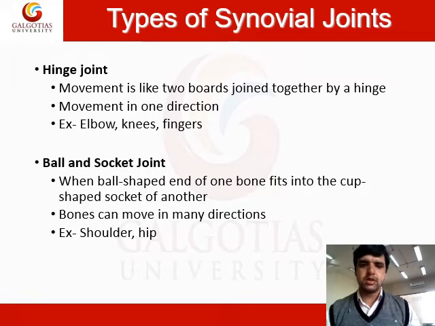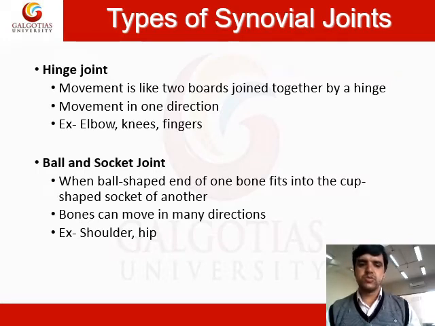The next type of synovial joint is the ball and socket joint. In these joints, a ball-shaped end of one bone fits into a cup-shaped socket of another. So it is like there is a cup, and a ball-shaped bone fits inside it, and that is how the joint is formed.